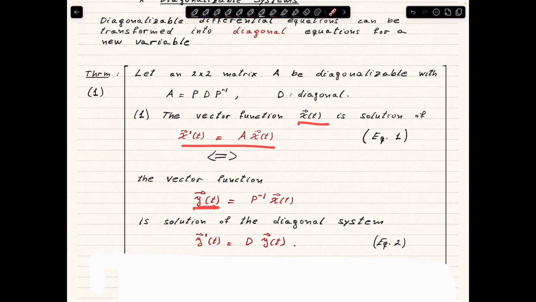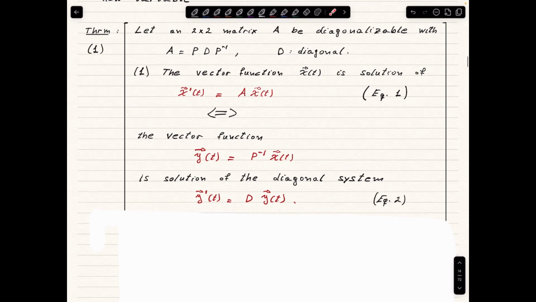This equation is a 2 by 2 system for y, but has a diagonal matrix as its matrix of coefficients. So we know how to solve the equation for y. This is the first result. For diagonalizable systems, we can always solve an equation for y, which is diagonal, and then we can transform back.